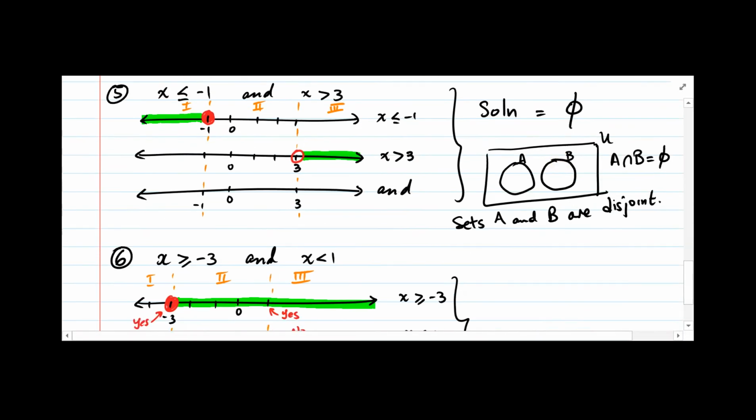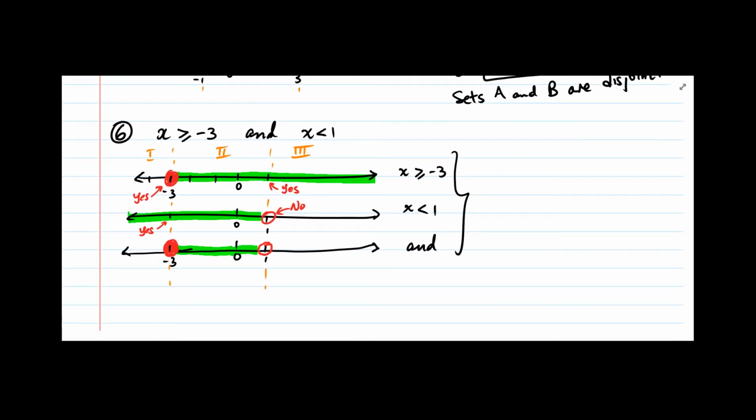So as we look at number 6, we would like to write this, since it represents one region, as one inequality. And this region is sometimes called a bounded region. That is, it has an end, or it has ends.